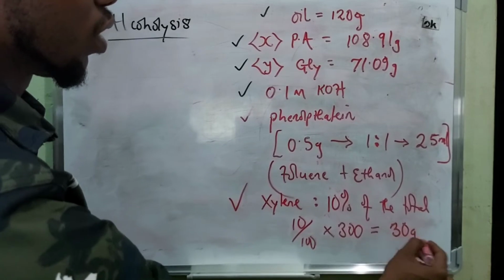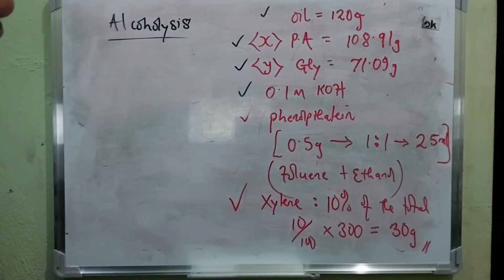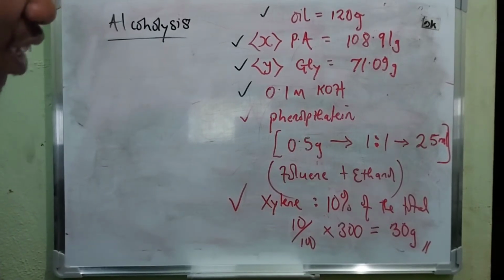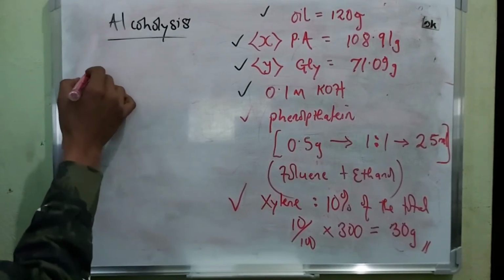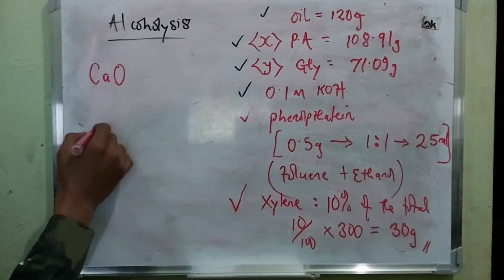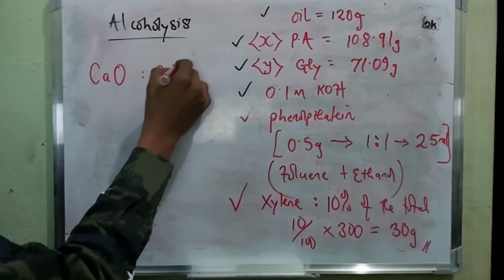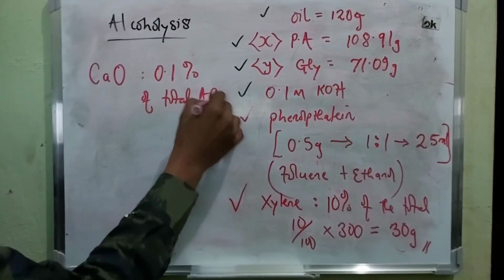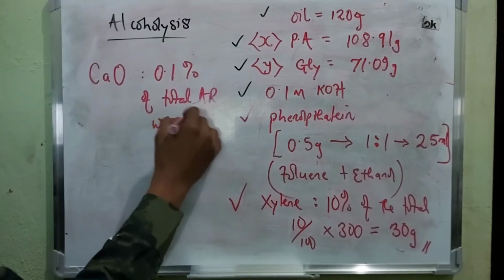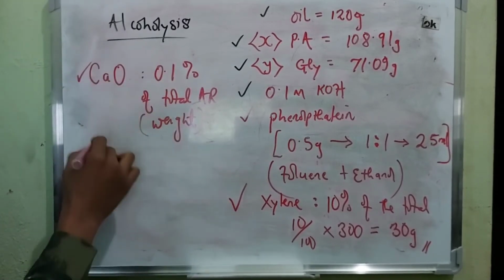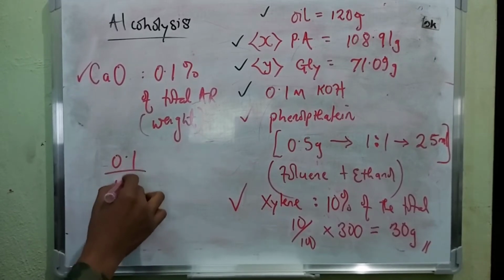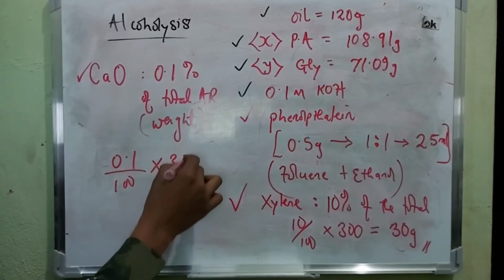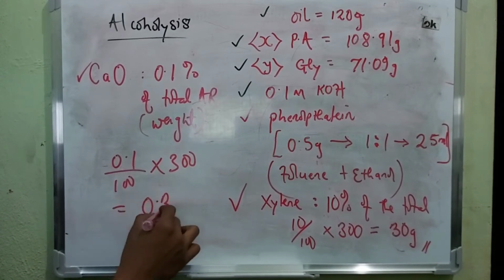So you would need this quantity of xylene. Xylene helps to remove the water of esterification during the course of the second stage of the synthesis. Then you also need your catalyst, and we are employing calcium oxide as catalyst, which should contain 0.1% of total alkyd resin weight, and 0.1%, that is 0.1 over 100 times total alkyd resin, which is 0.3 gram.